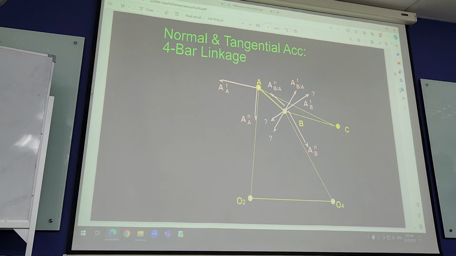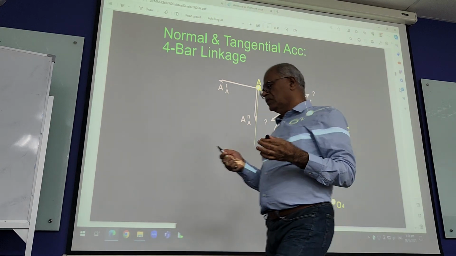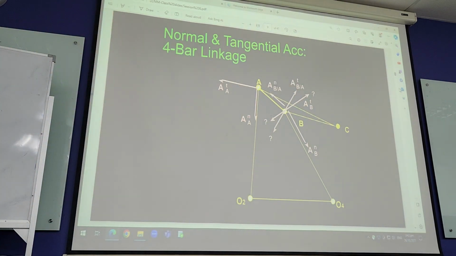So circular path means the acceleration will have normal and tangential components, right? We know about that. Let me just show you. Let us say a point moving in a circular path. The tangential acceleration will be like this, and the normal acceleration is directed towards the center.